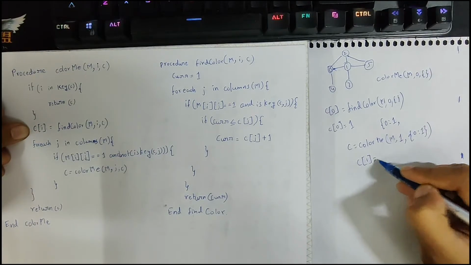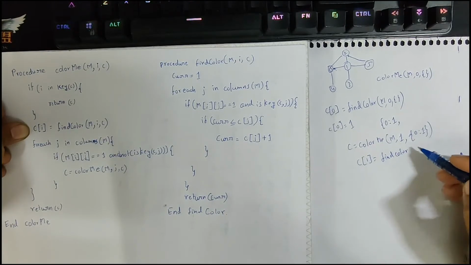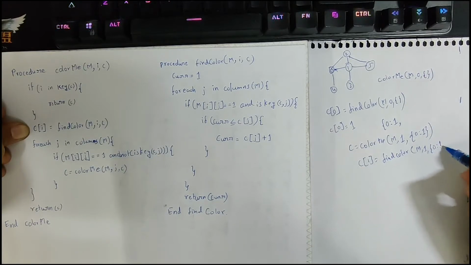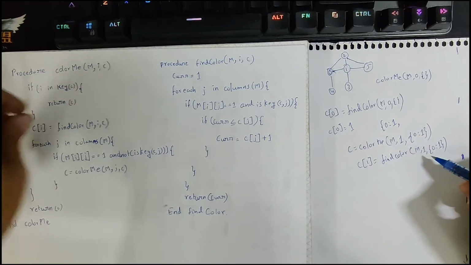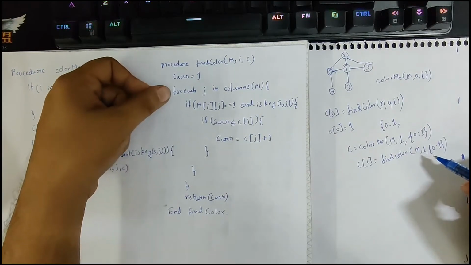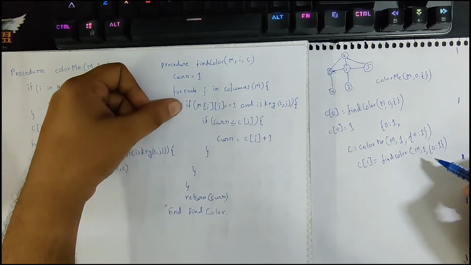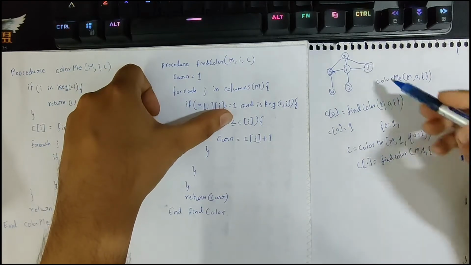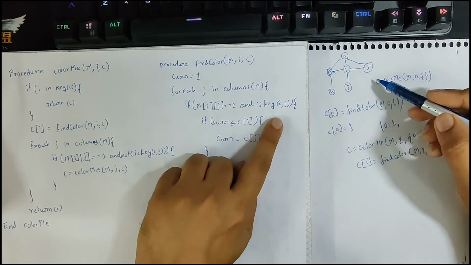C of 1 equal to find color of m comma 1 comma, okay. So in this find color, current is set to 1 for each j in columns. If m of 1 comma j equal to 1, there is an edge from 1 and this j is already a key.